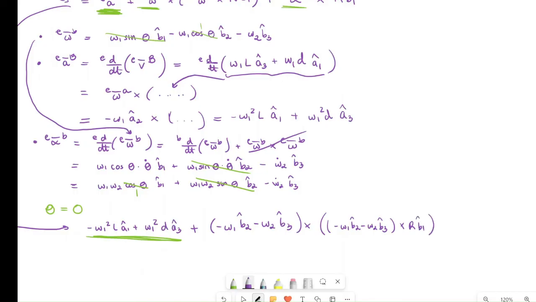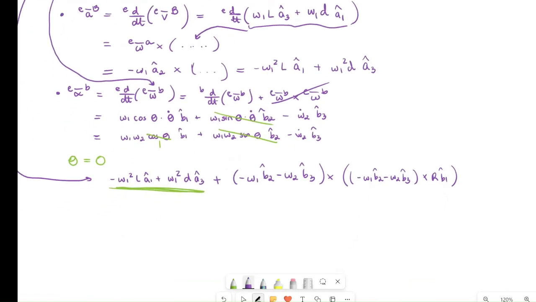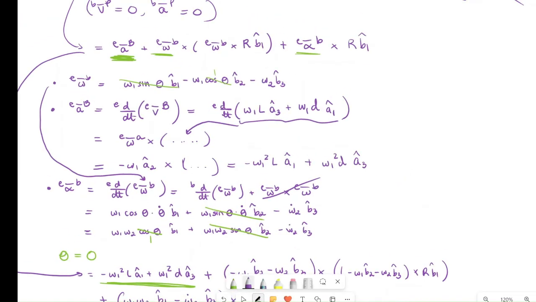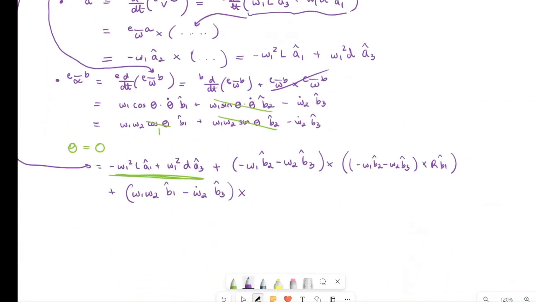That seems correct. Okay. And then I add my acceleration term, which is now just omega 1 omega 2 b1 hat minus omega 2 dot b3 hat, crossed with r b1 hat.